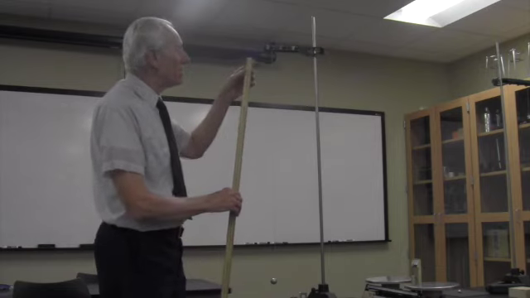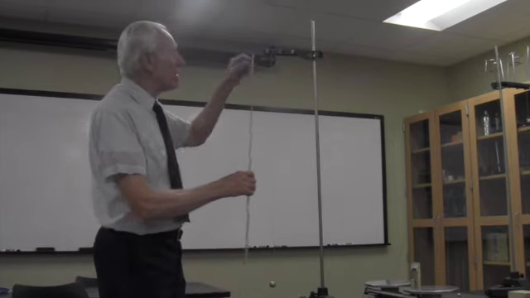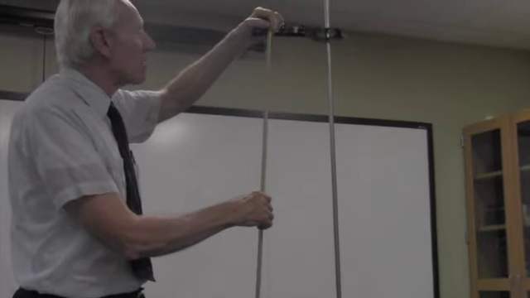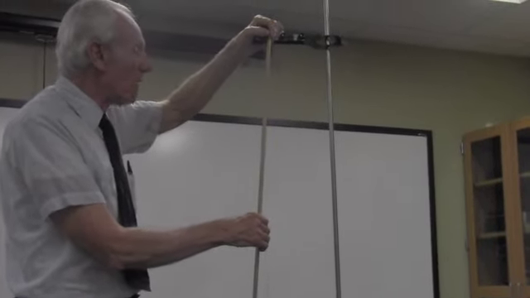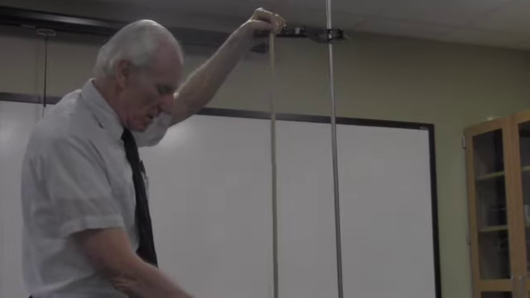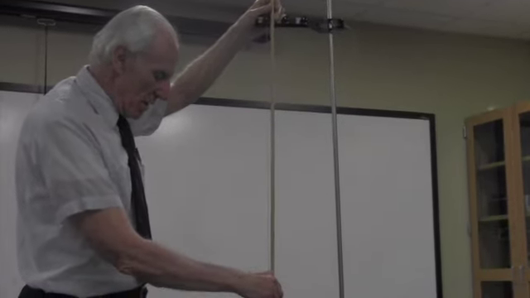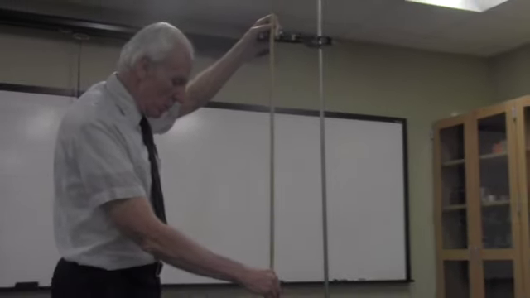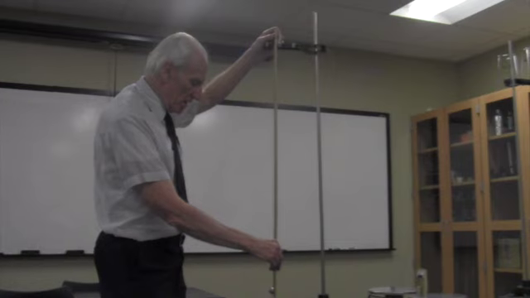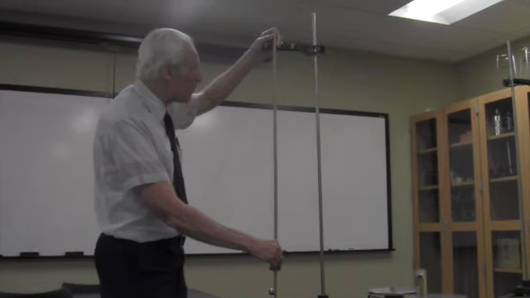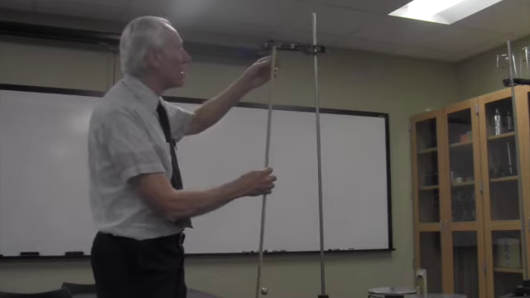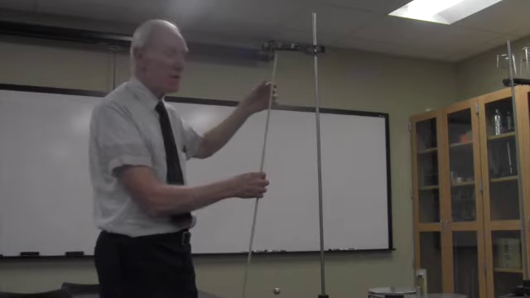So what you need to do is decide where the string leaves the clamp up here, and then measure down to the top of the ball, the bob, and add the radius to it, or measure to where the meter stick is up against the ball next to it. It makes a big difference if you're off by a few millimeters.